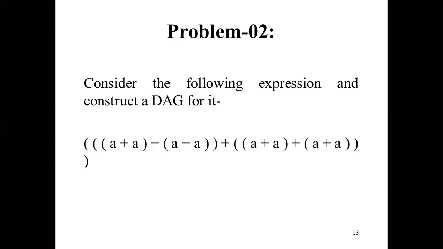Now you can see that if we replace A plus A by T1, then what will happen? Either you can replace it by T1 and add this T1, then take this value into another temporary variable T2. Because A plus A will be replaced by T1, then T1 plus T1 plus T1 plus T1, and you can store this value into T2.